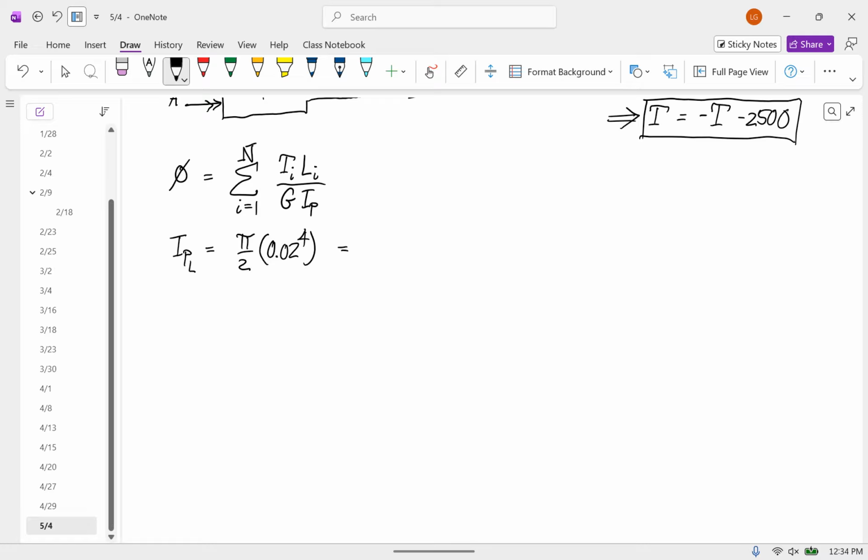No, okay, I entered that wrong. It told me something to the times 10 to the minus 27th. Okay, so on the left part, the polar moment of inertia is 2.5133 times 10 to the minus 7 meters to the 4th.